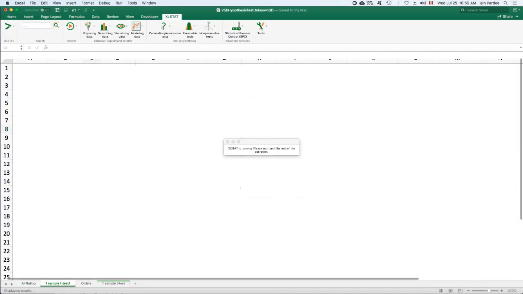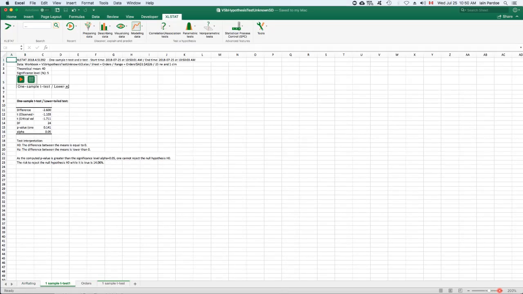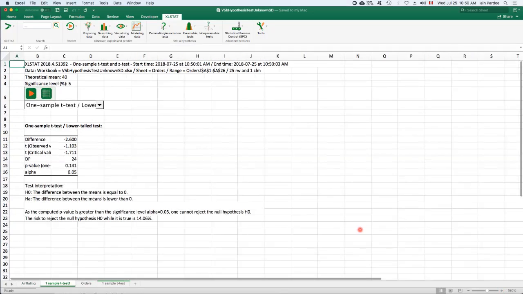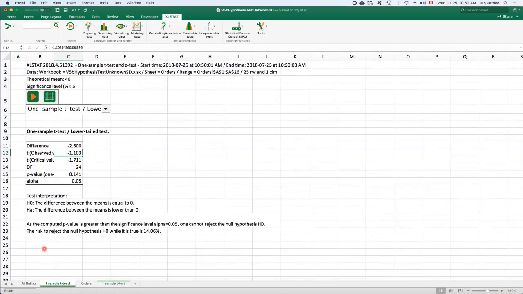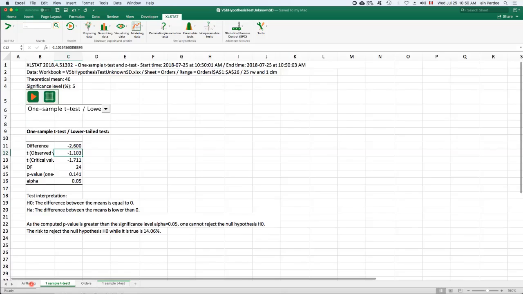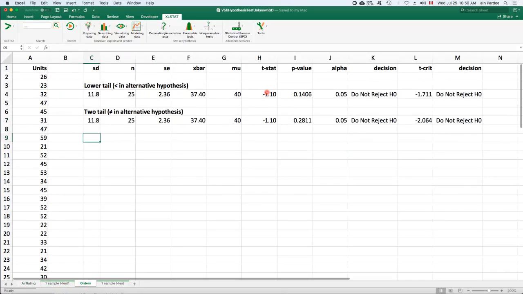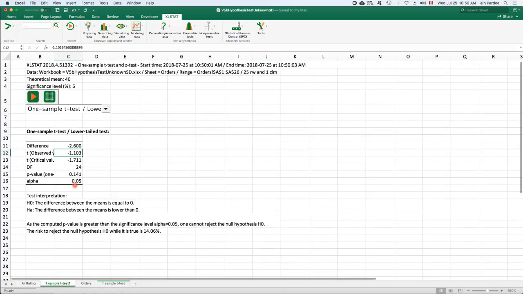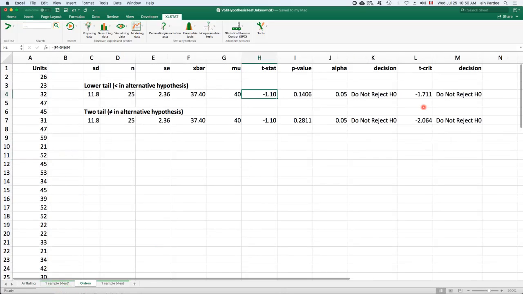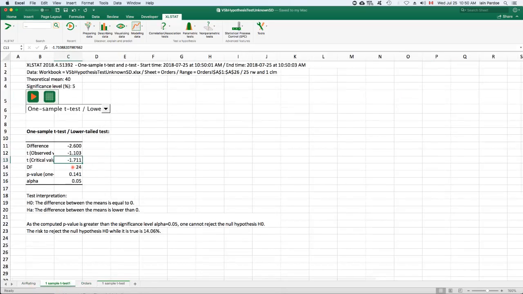Let's see if we can match up our numbers. So there's our test statistic, minus 1.10. Critical value, minus 1.711, that's this number over here. Degrees of freedom, n minus 1, so 24.